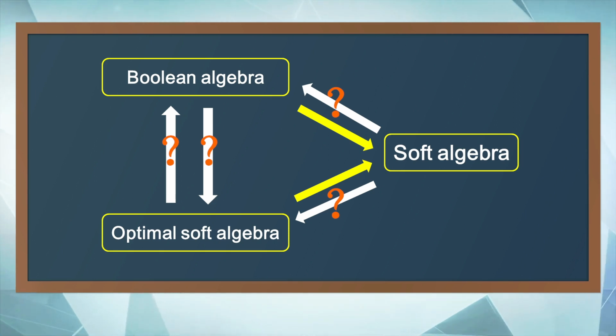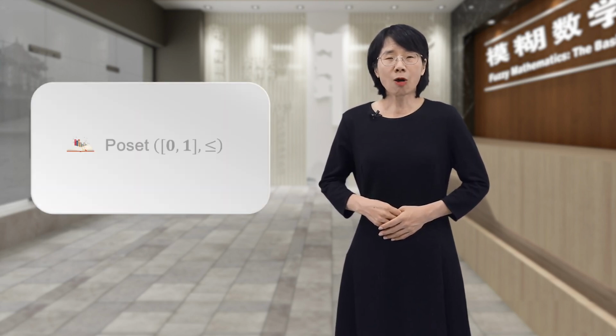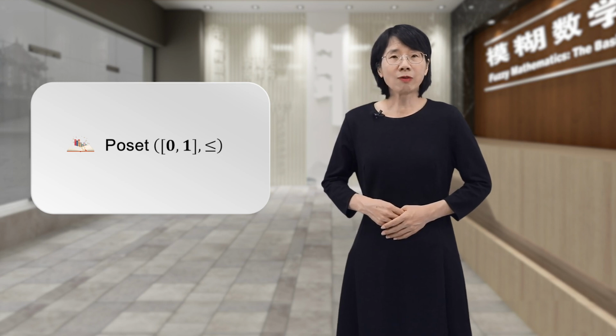In this lecture, we are going to talk about a specific algebraic structure. We are going to talk about the poset, the closed interval from 0 to 1, together with the less than or equal to relation. We will ask all kinds of questions, such as, is it a Boolean algebra? Is it a soft algebra? Is it an optimal soft algebra?